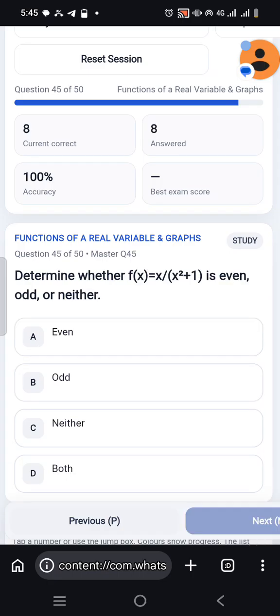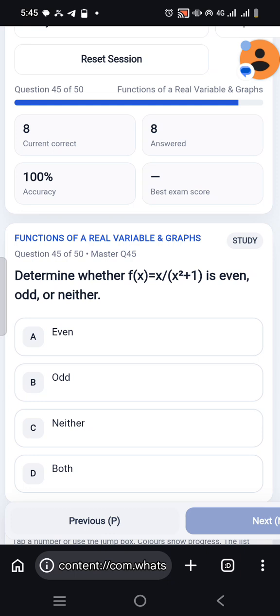Moving to the next one, determine whether this is even or odd. First of all, the denominator. If you want to know whether something is even or odd, you can test values directly, but you can also at least test the denominator. If the denominator is an even function or a constant value, just test the numerator.